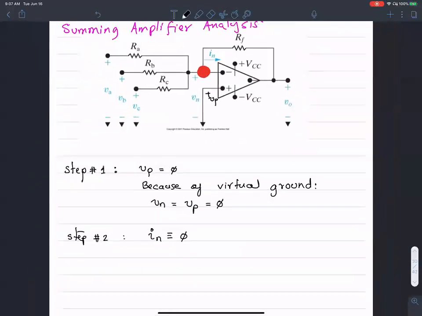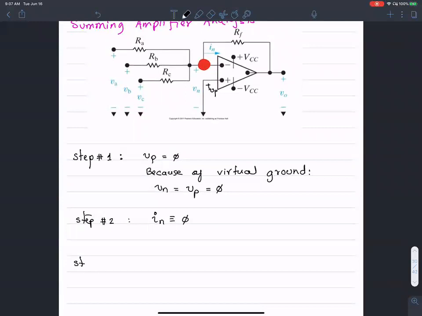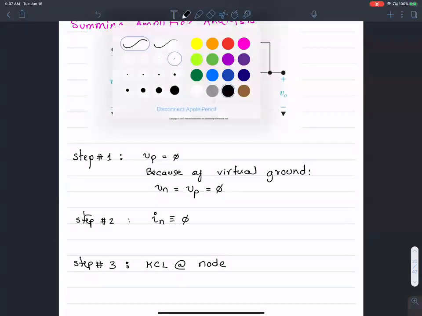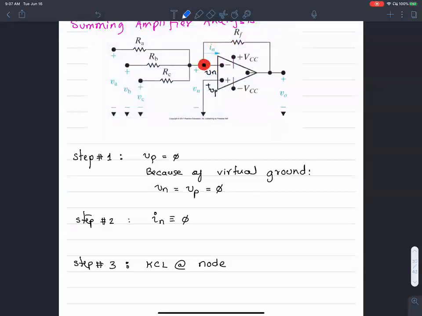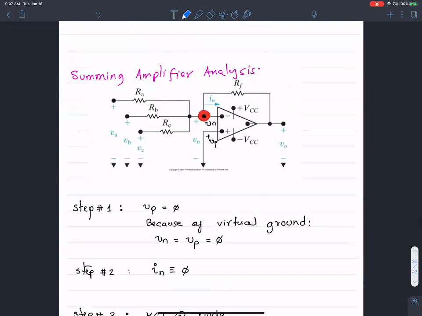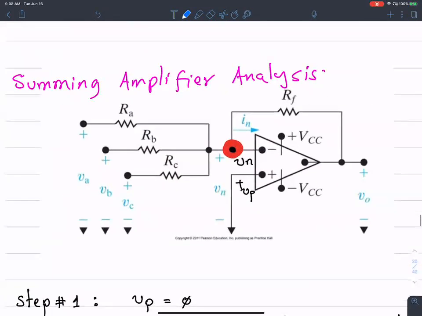Now, step 3 is KCL at node Vn. So let's call this node Vn. Let's look at the KCL at node Vn. How do you want to define the current directions here?